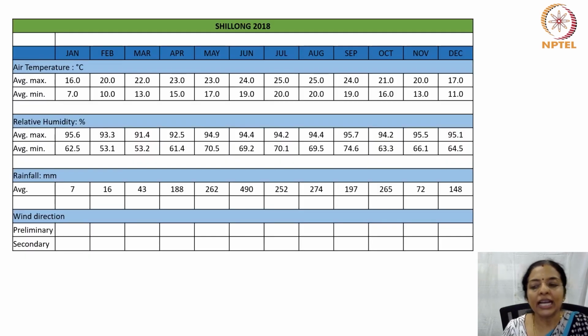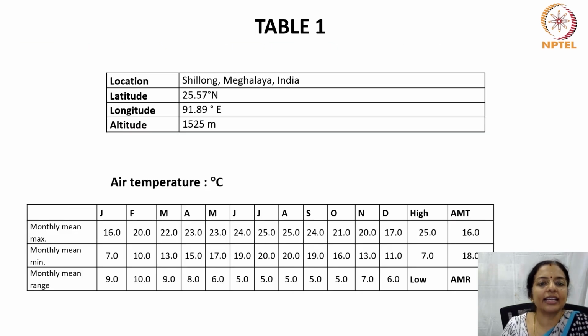Then I will move to Shillong. Shillong we will consider as a cold climate. So for Shillong, I've got the climate data and I am entering that data. I have already entered the air temperature, monthly mean maximum, monthly mean minimum, monthly mean range. I've already entered the data.